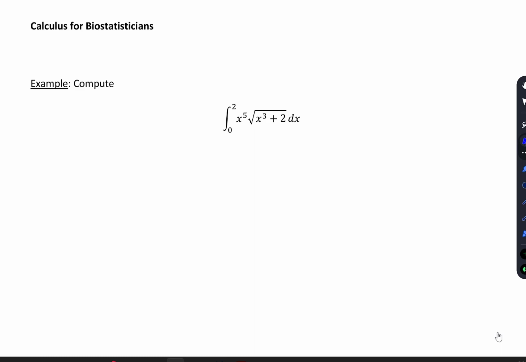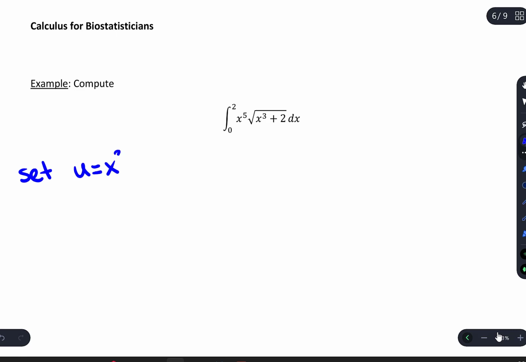So notice here, this is very similar to that first example. In that first example, our outer function was going to be u to the 1/3. Here we have it to the 1/2, but we're going to work this very similarly. So we're going to start out by setting our inner function u to be equal to x cubed plus 2.